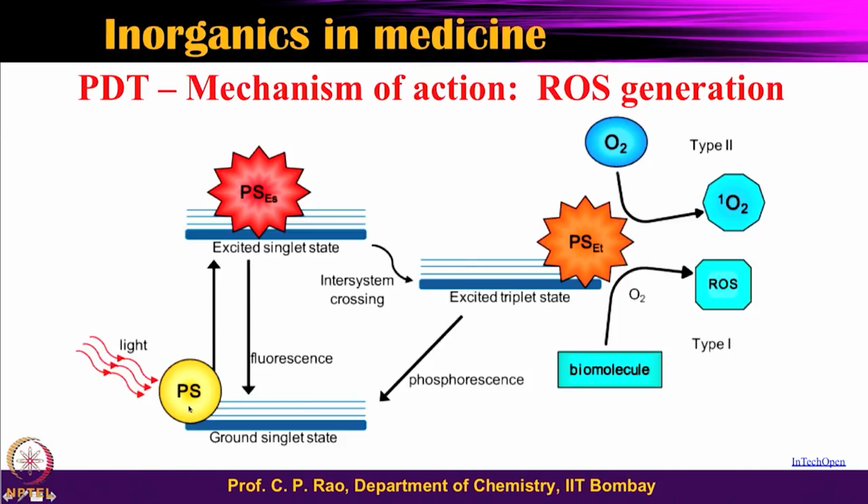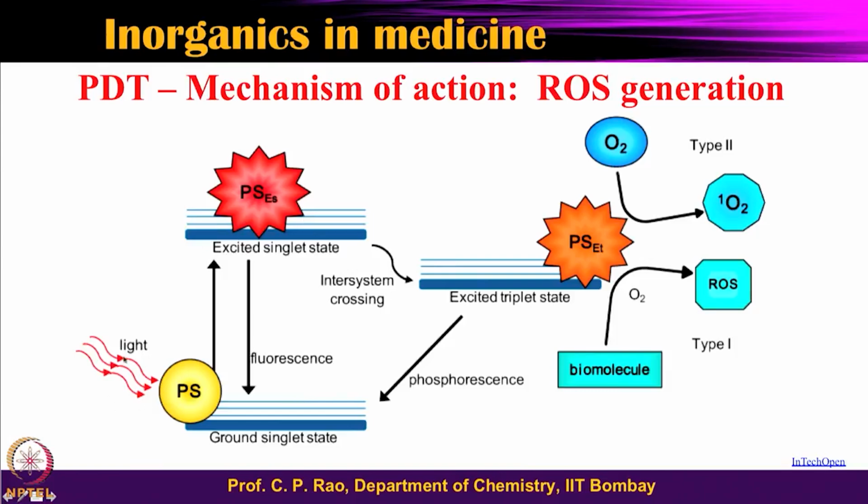The PS is nothing but the photosensitizer, and this is the ground electronic state, and these are the vibrational states: ground, first excited, second excited, etc. And this is the excited electronic state, and the vibrational states of the excited electronic state.